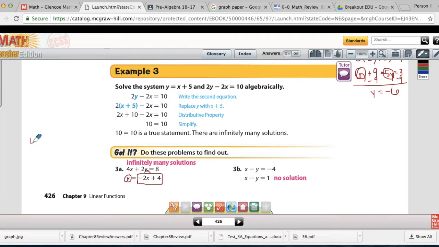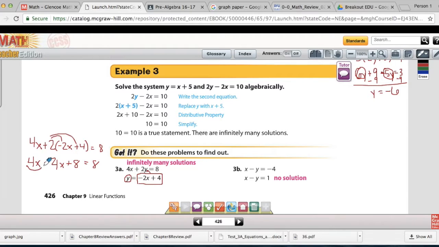So wherever we see a y in that first equation, we should be able to put in parentheses negative 2x plus 4. And then we utilize our distributive property to get 4x minus 4x plus 8 equals 8.